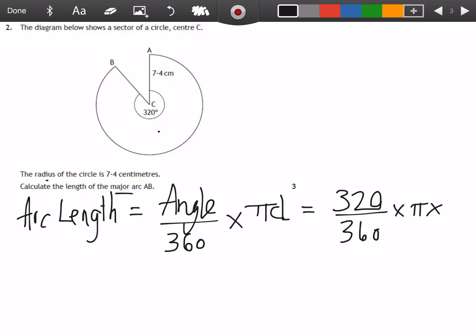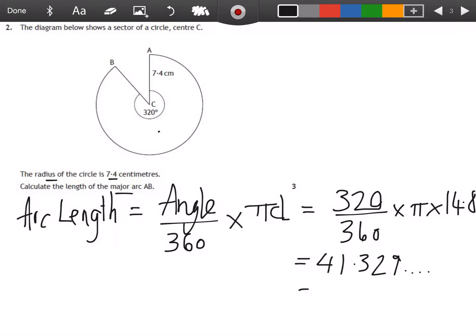The radius is 7.4. What's the diameter? Double that. 14.8. Let's key into the calculator. Remember, you should be using the pi button. On my calculator, I get approximately 41.3. And remember, let's have a wee look about rounding.